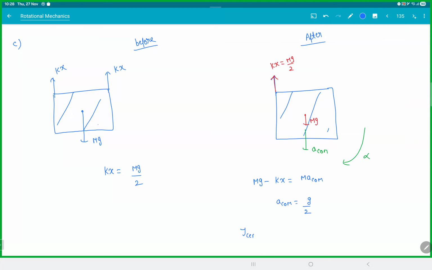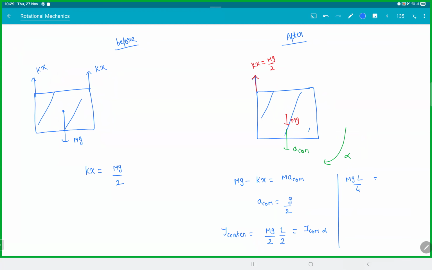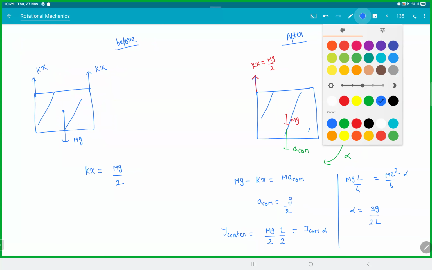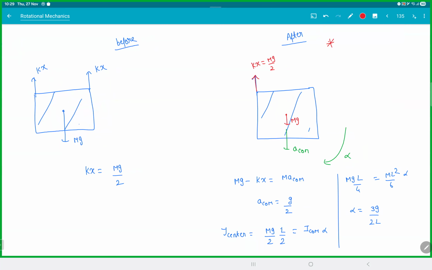Torque about center will be mg by 2 into L by 2 is equal to I center of mass alpha. So mgL by 4, I center of mass will be mL square by 12, alpha. Alpha will be 3g by 2L. Check. So the main statement is that just after cutting, spring force doesn't change.